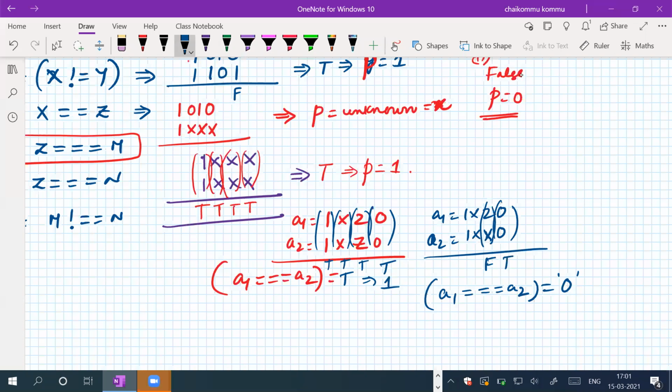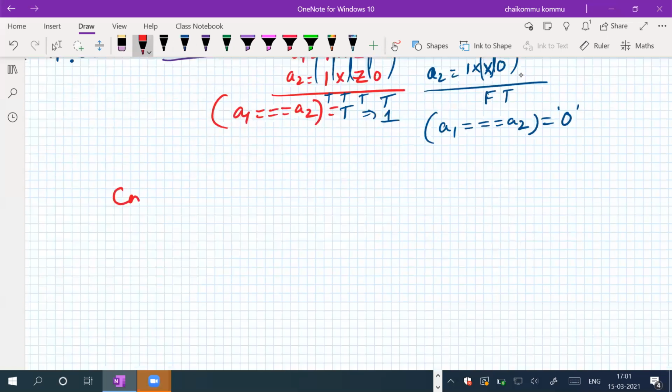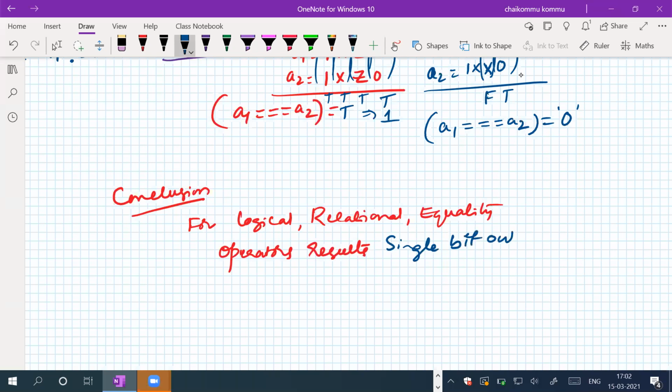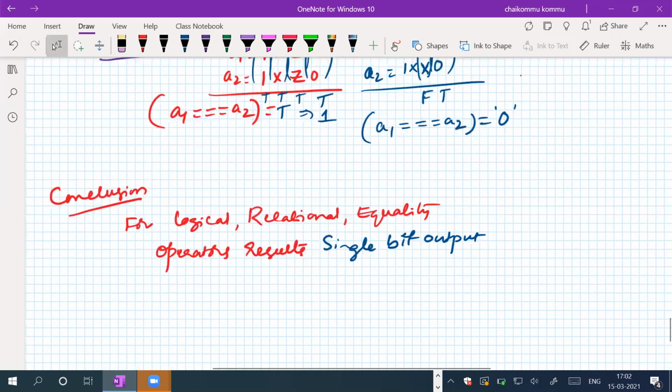The final conclusion is: for logical, relational, equality operators, results single bit output data, or I can say the single bit output. Okay, please remember this point.